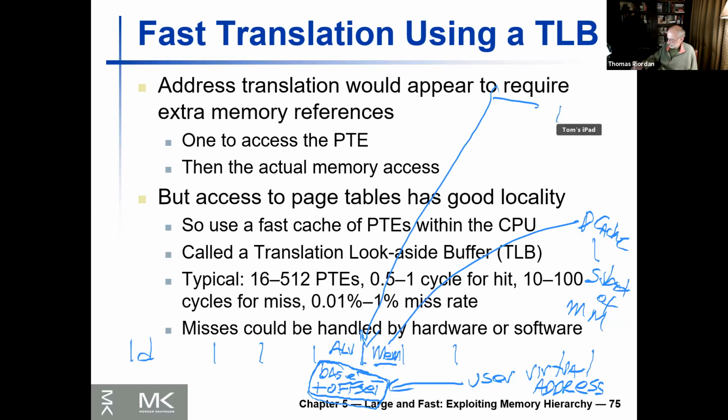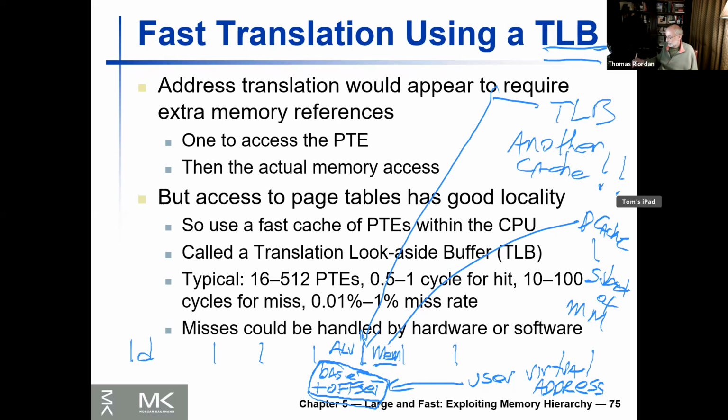So here on the chip, we have to have this TLB, which is another cache. And this cache holds these translations that we've been talking about. So we have to take this virtual address that we generated here, this VA, and use a cache inside the processor to immediately translate it to a physical address so that we can do this memory access.